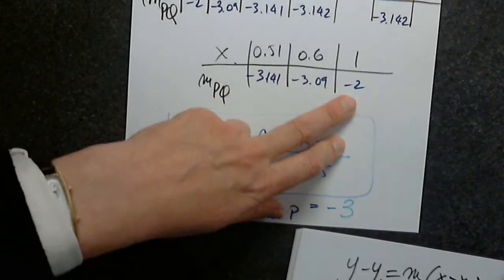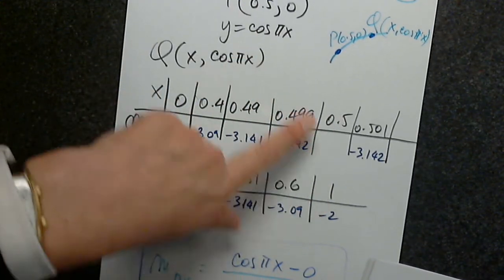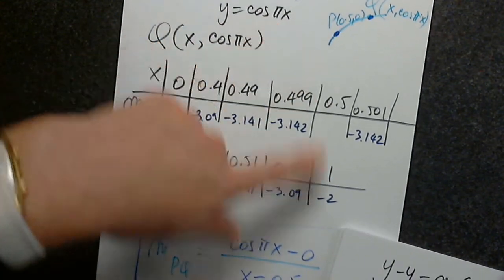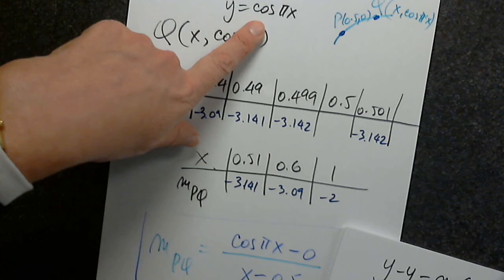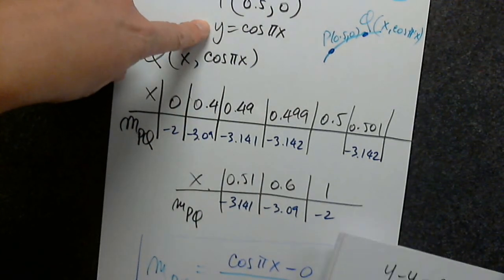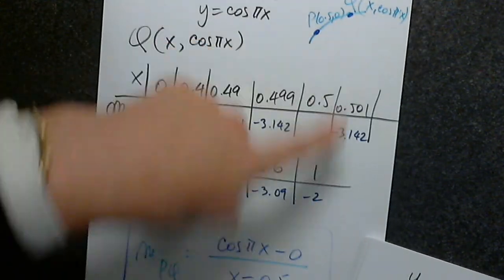So let's use this slope, a -2. So we have cosine 1 times pi, which is -1, -2. That's the point. Because we are going to have this point and that point, or the slope.